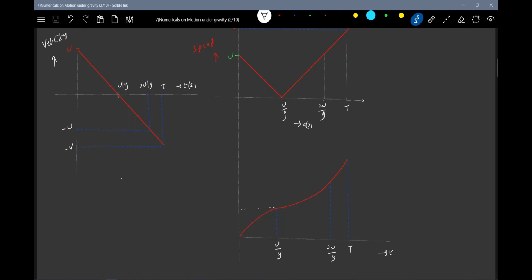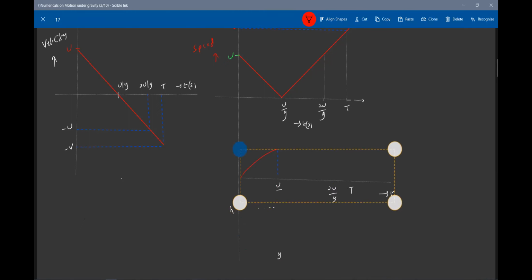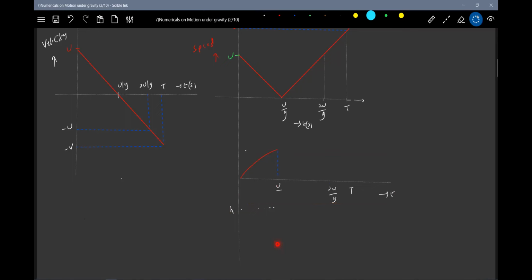So let's do one thing. It will ascend an h, then again to descend, the velocity will change. You see the direction of motion is not changing. So therefore, this part of the curve is not correct. It's a very interesting one.